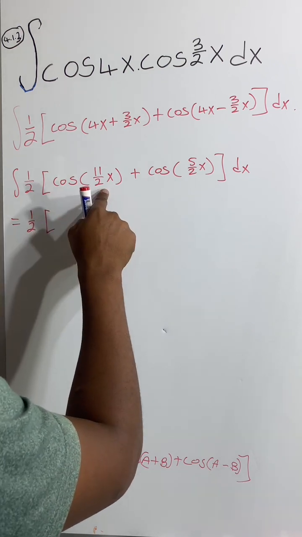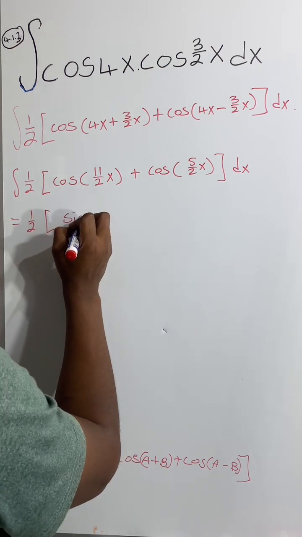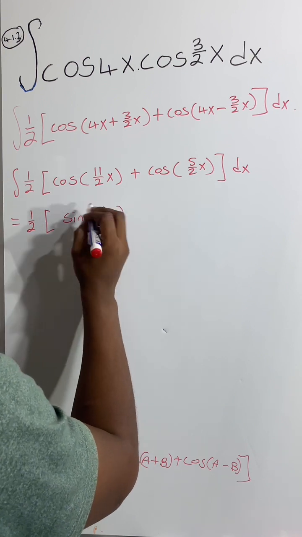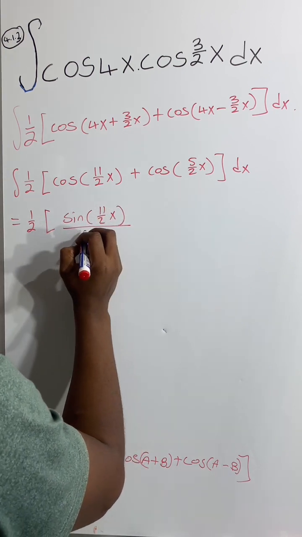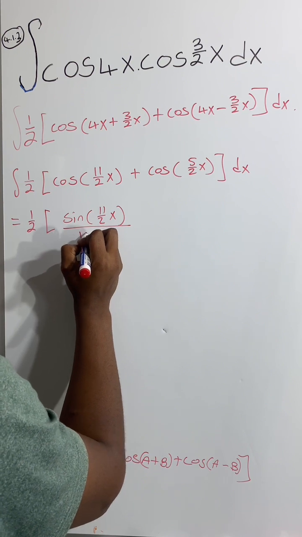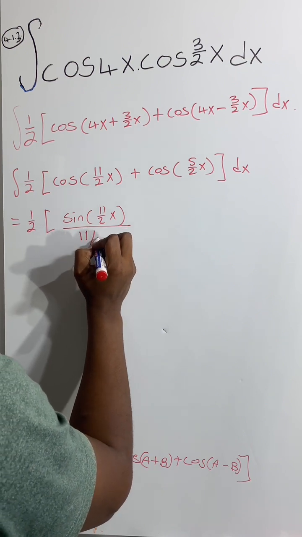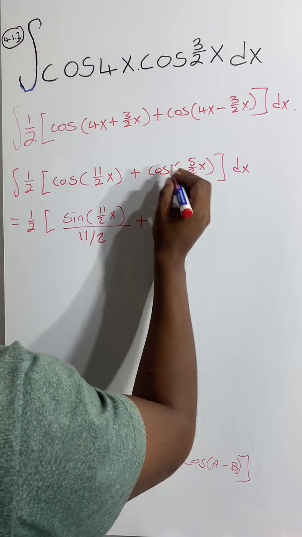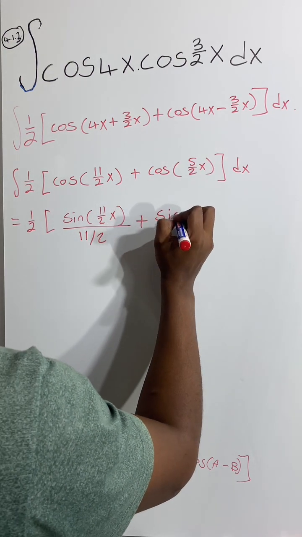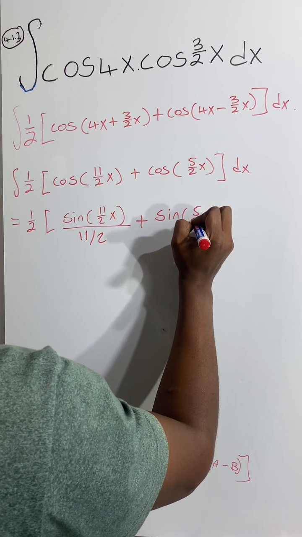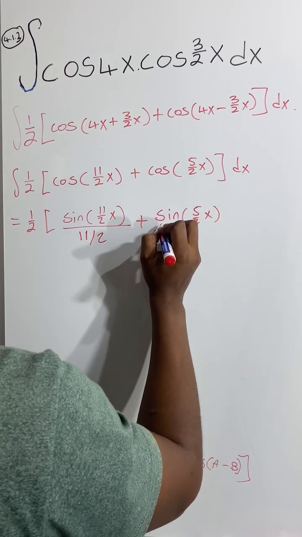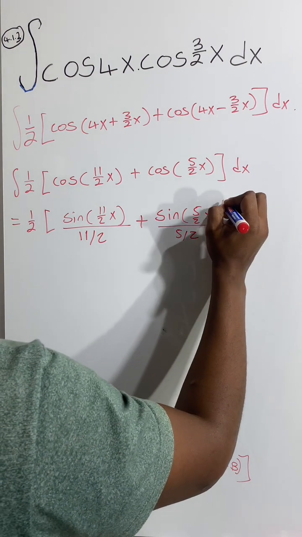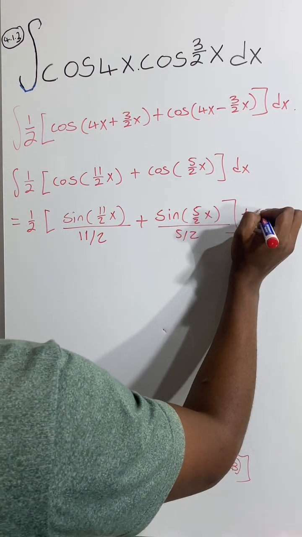From here, integrating cos, we get sine of 11 over 2x, but because of the chain rule again, we have to divide by 11 over 2, plus integrating cos of 5 over 2x, we get sine of 5 over 2x, and because of the chain rule again, we have to divide by 5 over 2, plus c.